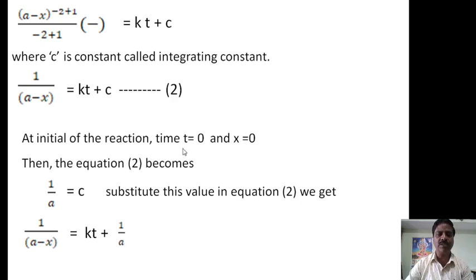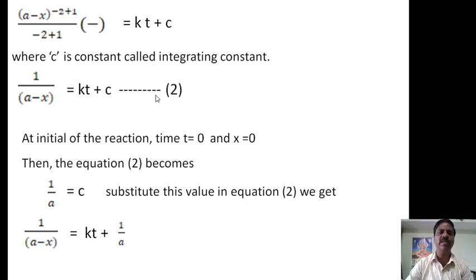Then substitute these values of t and x in equation number 2. Then equation 2 becomes 1 divided by (a minus 0), that is 1 by a, equal to k into 0, which is 0, plus c as it is. Therefore, we get 1 divided by a equal to c.